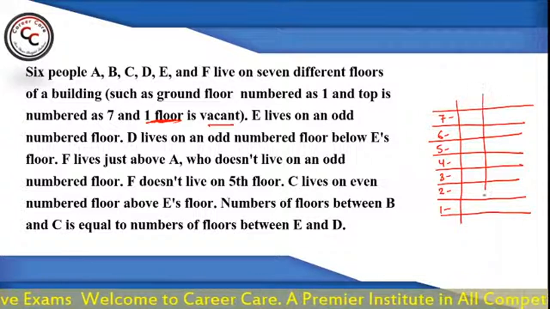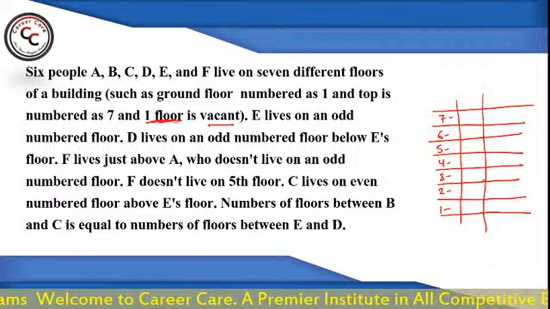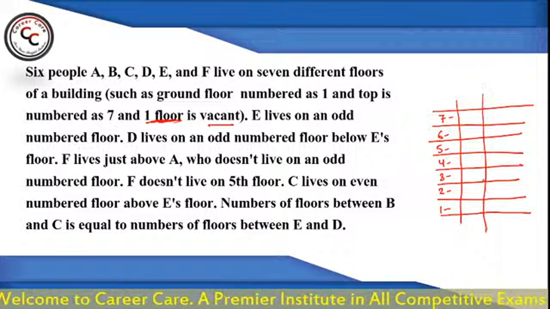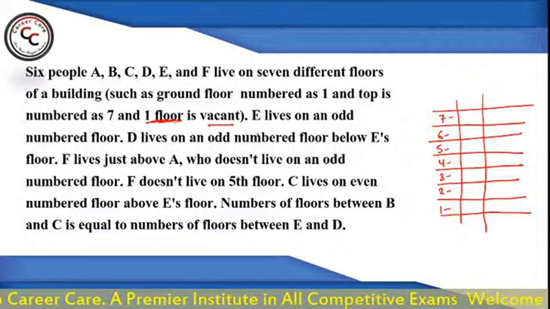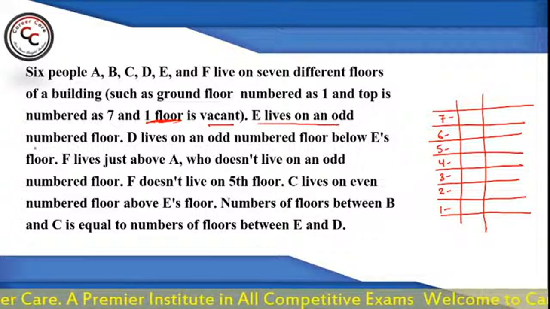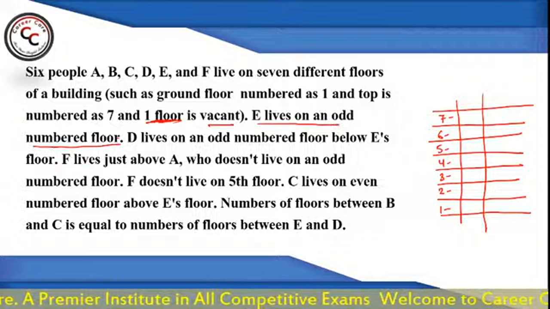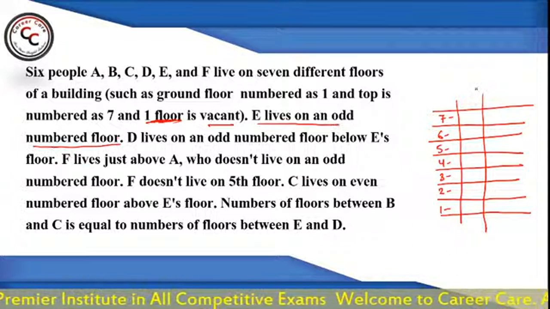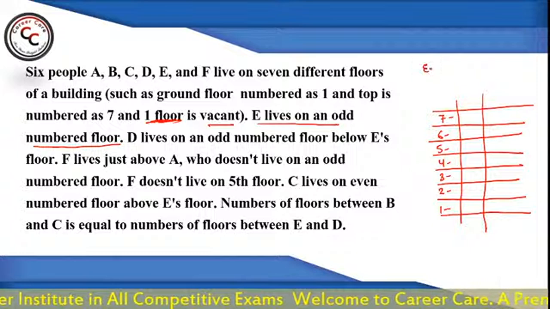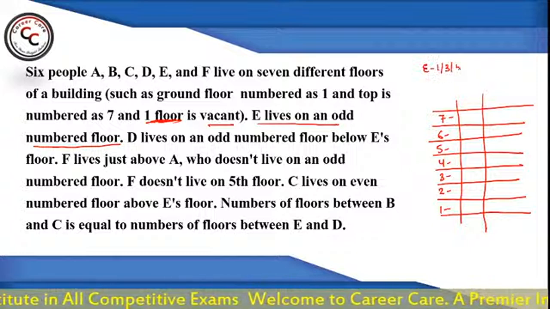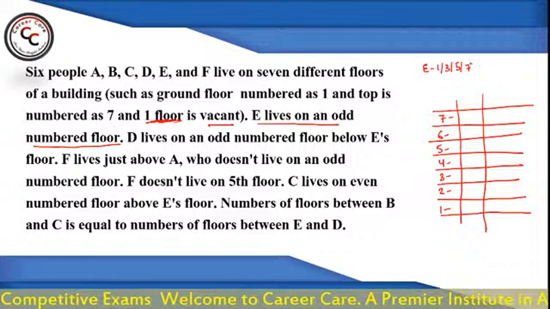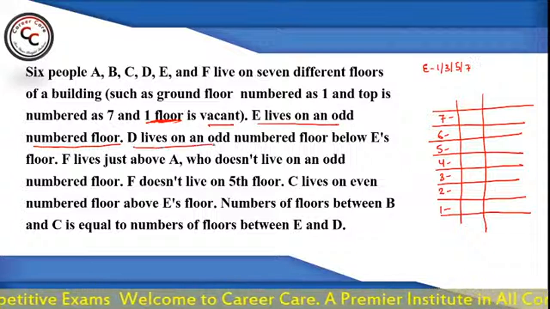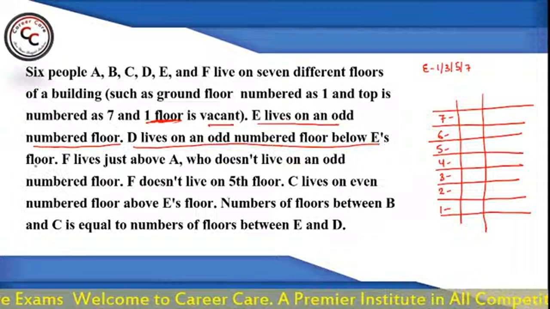So let's see what the question says. E lives on an odd numbered floor. So what are odd numbered floors? 1, 3, 5 and 7. Simple. D lives on an odd floor below E's floor.